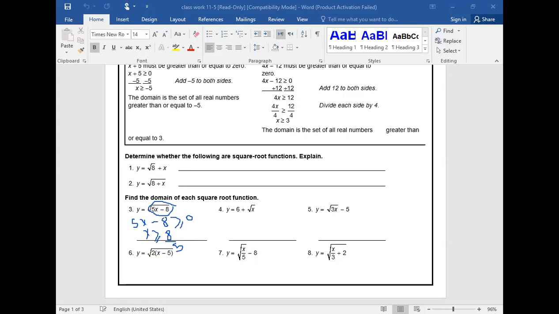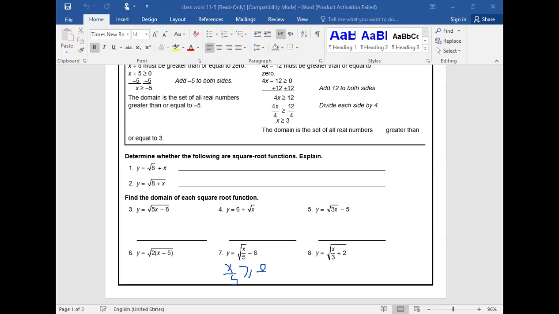Okay, then to find the domain, as I said, you will find the expression under the radical sign, and then you will make it greater than or equal to 0. So the answer would be all real numbers greater than or equal. Like this question, you will take x over 5, and it will be greater than or equal to 0.